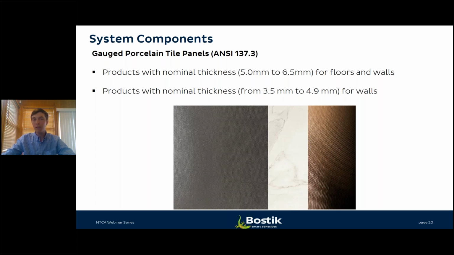But with these products, you're going to find the thicknesses for floors are called out anywhere from 5 to 6.5 millimeters per the standard. And then for wall applications, you'll find the call out being anywhere from 3.5 to 4.9 millimeters. And then there's also materials that are larger that could be used on walls as well.